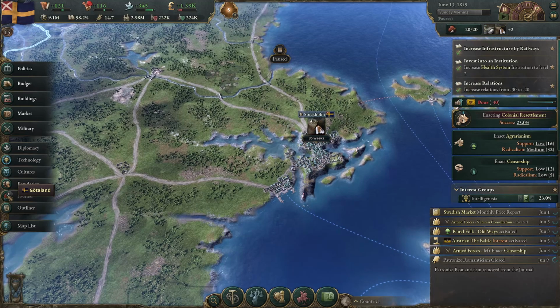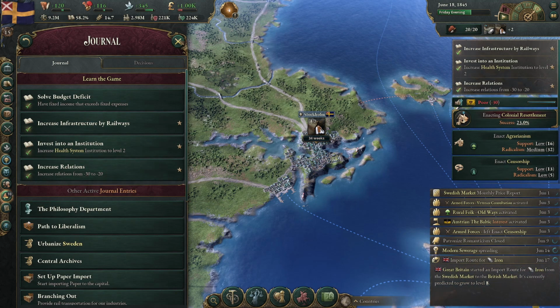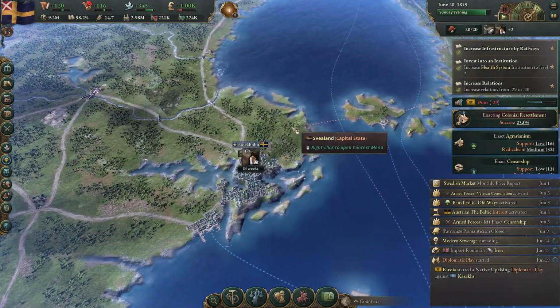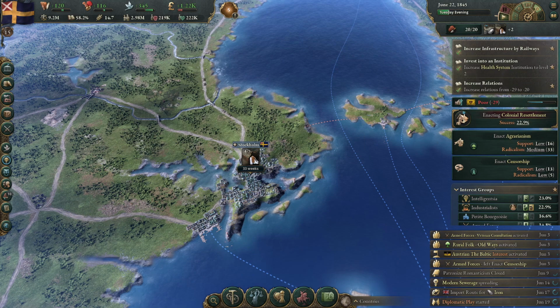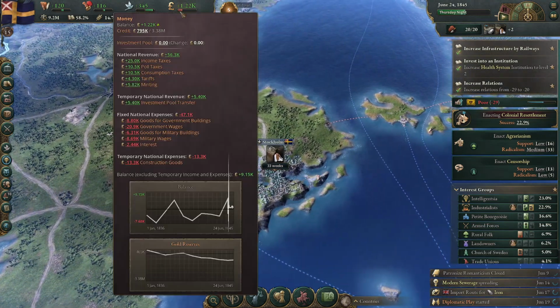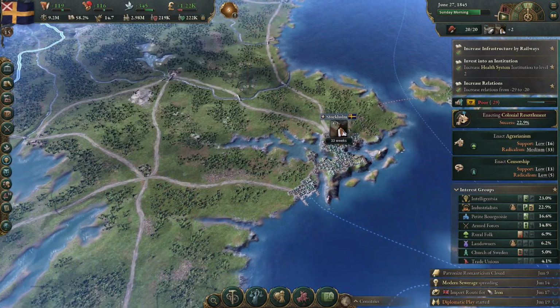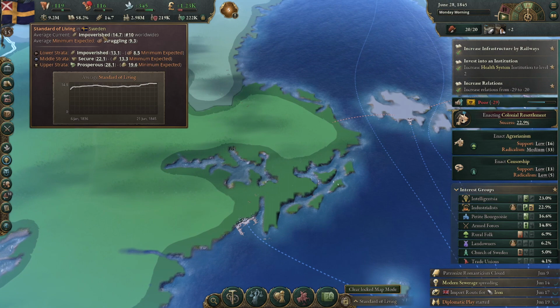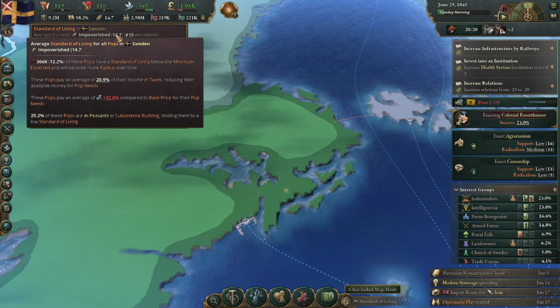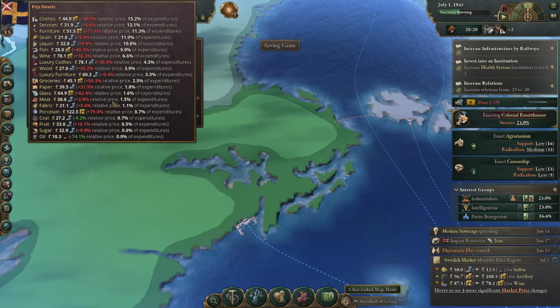Let's just have a look at this here. What have we got? We got all sorts of stuff here. Increase relations. Okay. I'm going to slow the game down a little bit again. I'd like to keep in the positive for the moment. But let's just have a look and see how well the furniture's still expensive.